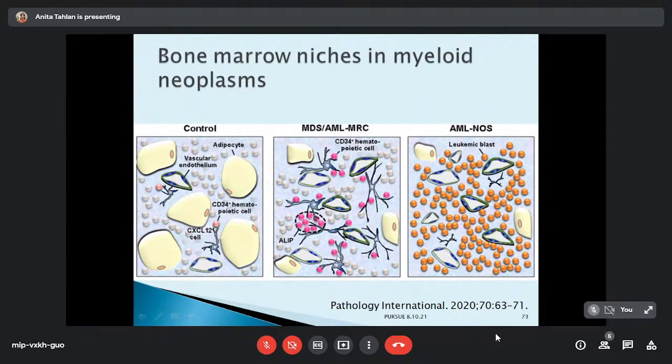However, in MDS, they are still controlled, and although they are present at locations where they should not be, they are still being held to the CXCL12s. Whereas by the time it turns into malignancy, the leukemic blasts have decreased the CXCL12, and they have reprogrammed the cell, and all these cells have increased and are ready to leave the bone marrow.